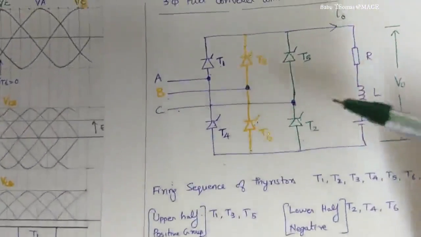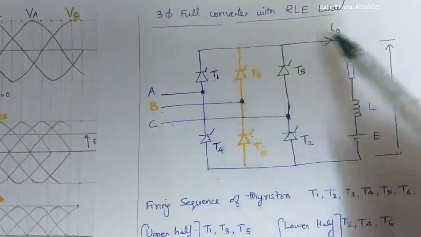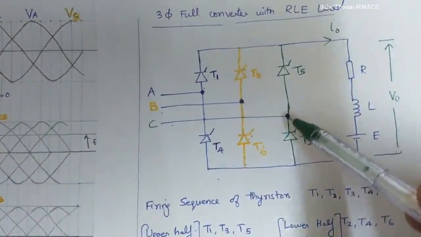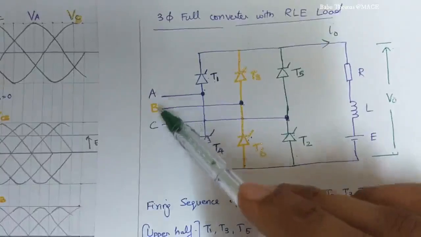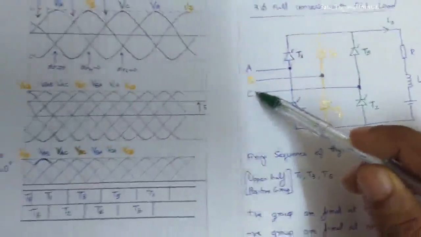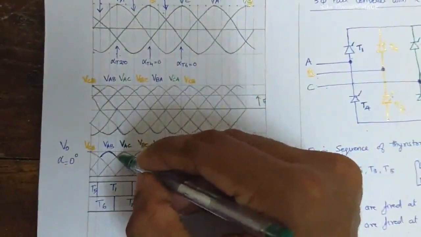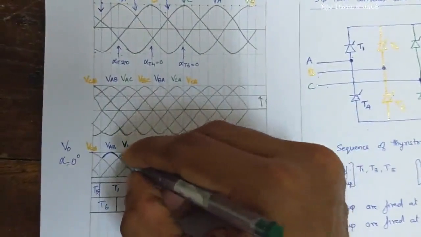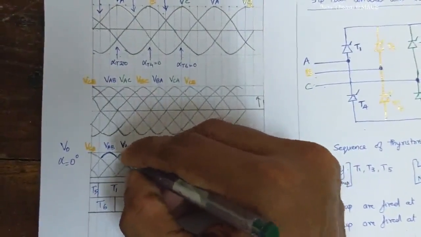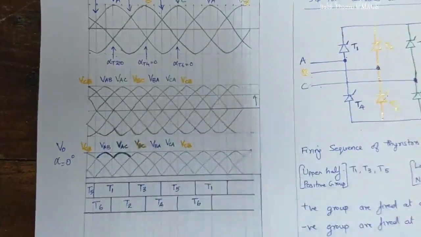We will see from this figure, when T1 and T2 are conducting, the path will be A, T1, RLE, T2 and C. So the voltage coming across the load is nothing but VAC. So that VAC we will be plotting over here. This is VAC.